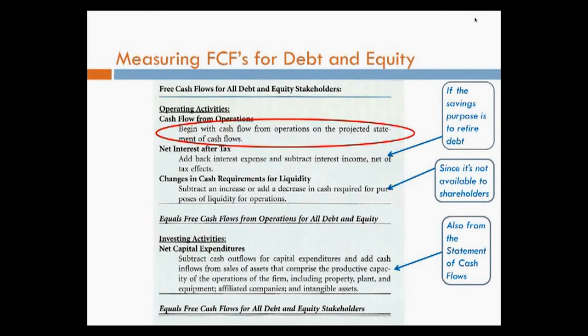Because that excess liquidity that you need won't be available for your shareholders or your creditors. So you have to take it out. So that's your free cash flows from operations that you'll use in your calculation.